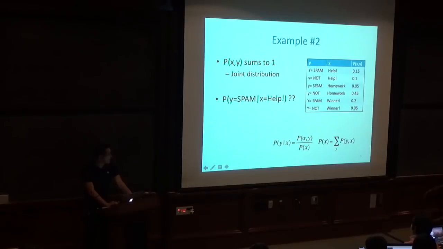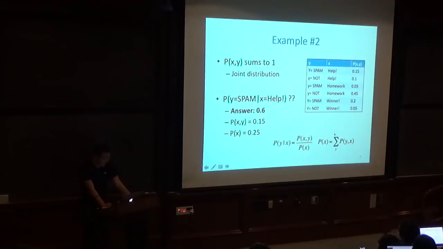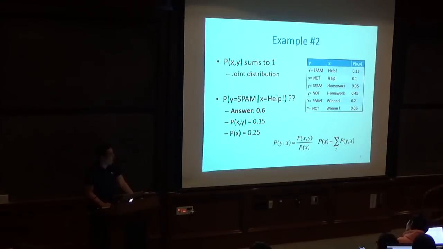P of y given x is equal to the joint probability p of x comma y divided by p of x, and p of x is equal to the sum over all possible y of p of x, y. Here I reverse y and x; it doesn't really matter, I'm just abusing notation there. And so the answer is 0.6. This is a very straightforward exercise from just reading off the entries of the probability table and manipulating it within these laws of probability.